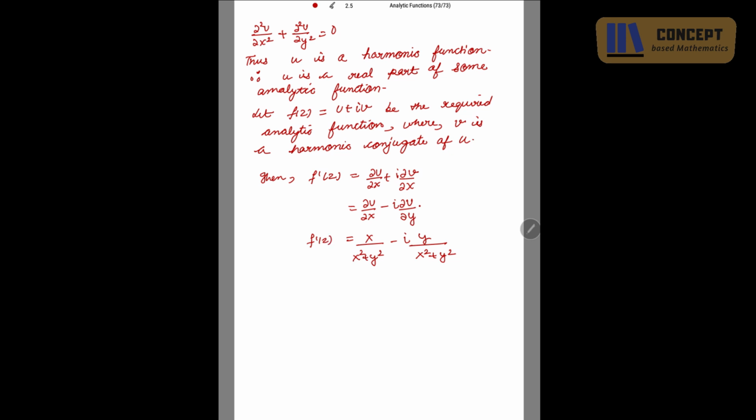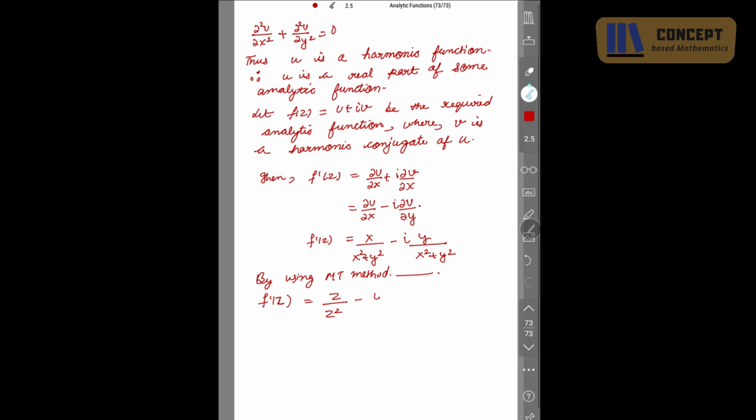Now before integration, I should change this in terms of z. So by using the Milne Thompson method, put y equal to 0 and replace x by z. So f'(z) is equal to z over z squared, minus this whole term which is 0. So this is finally 1 over z.